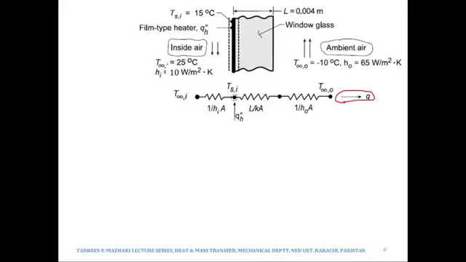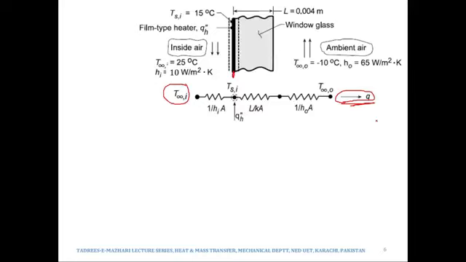So over here this temperature is 25, this temperature TSi is 15 degrees Celsius, and then it is minus 10. So the heat will flow from the higher temperature of 25 to the lower temperature of 15, and from 15 to the lower temperature of minus 10. So this would be the direction of heat flow.